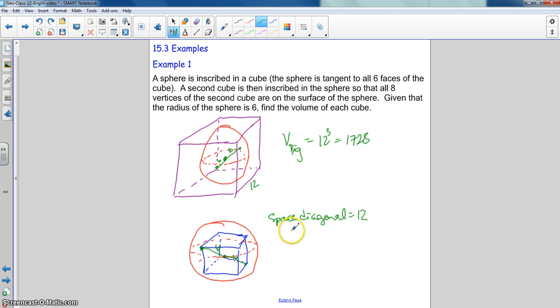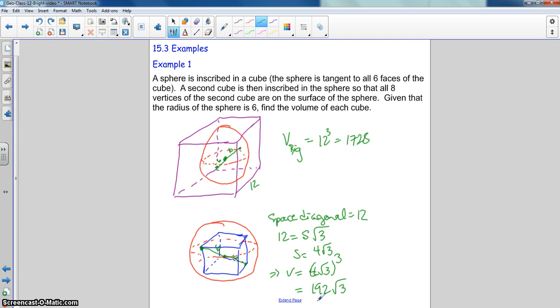As we found out when we were talking about prisms, for a cube the length of the space diagonal is equal to the side times square root of 3. If you solve this, we get that the side length is 4 square root 3, and therefore the volume, which is 4 square root 3 cubed, ends up being 192 square root 3.